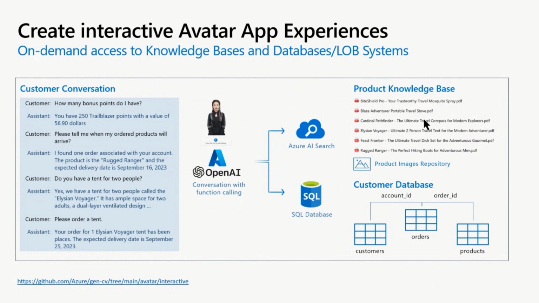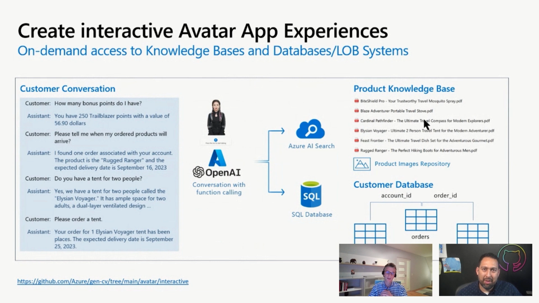And the interesting thing in this context here is that we are using Azure OpenAI function calling to do the orchestration. We are using Azure OpenAI function calling to understand from the conversation with you what's your intent. So what do you want to do? So you want to have questions about a product, or you want to order a product, or you want to check your account status.